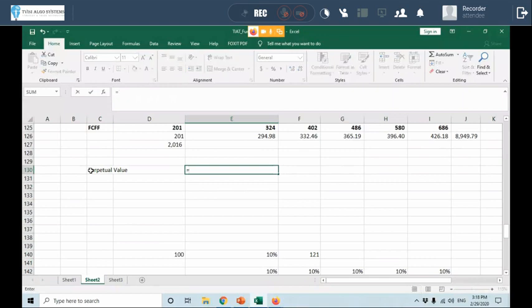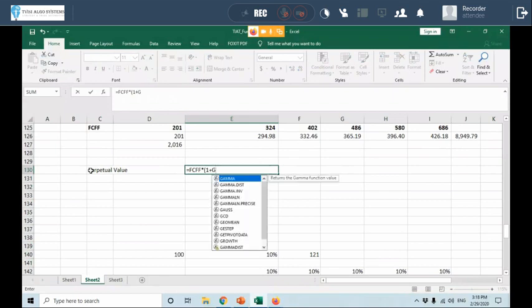Is equal to free cash flows to firm multiplied by 1 plus my growth rate.